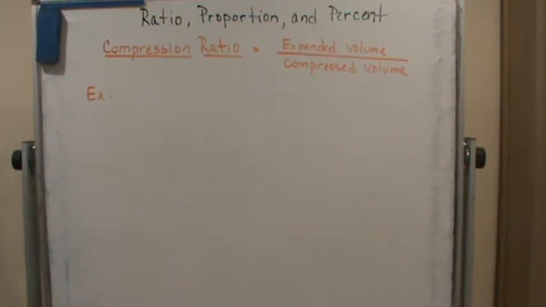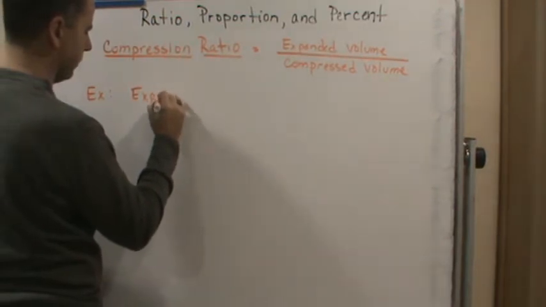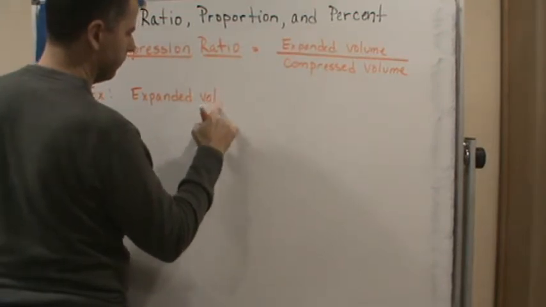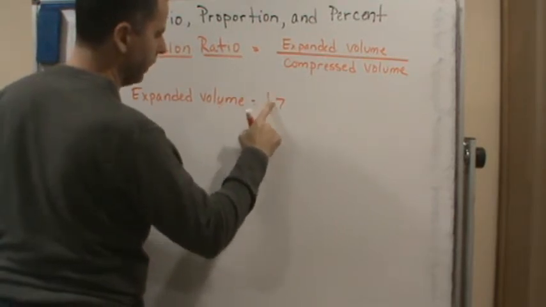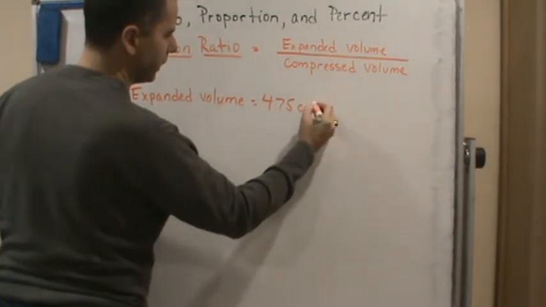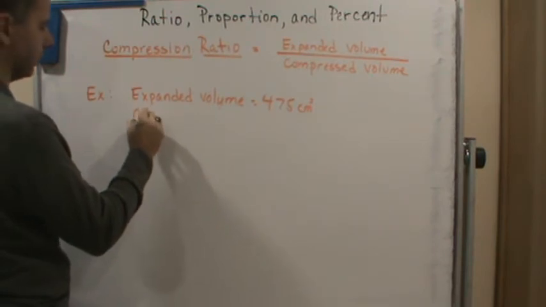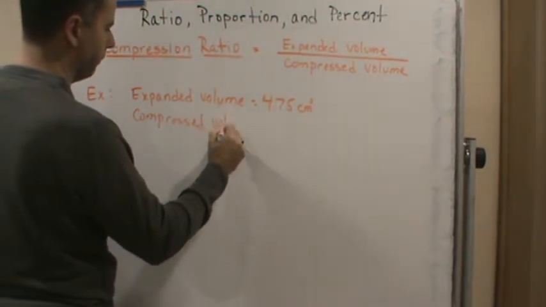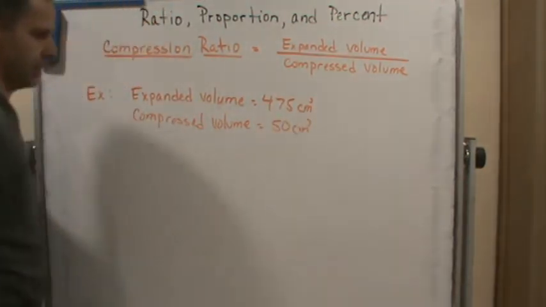So the expanded volume is 475 cubic centimeters, and the compressed volume is 50 cubic centimeters.